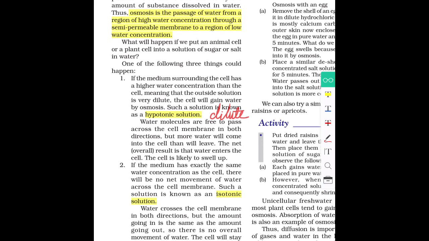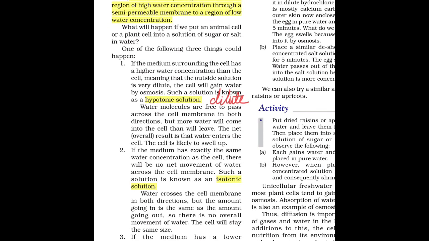For example, water molecules are free to pass across the cell membrane in both directions, but more water will come into the cell than will leave. The net overall result is that water enters the cell. The cell is likely to swell up.